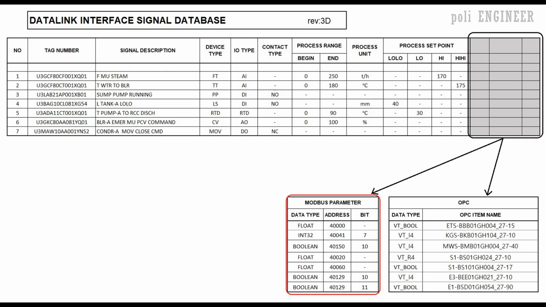For instance, if it's a Modbus TCP/IP protocol, we need the type of the signal like float, integer, or boolean, etc. Next, we need the memory address and the bit number in case of a DI or a DO. In case of OPC protocol, the I/O database will include the data type and the OPC item name. The OPC item name is unique for each signal.